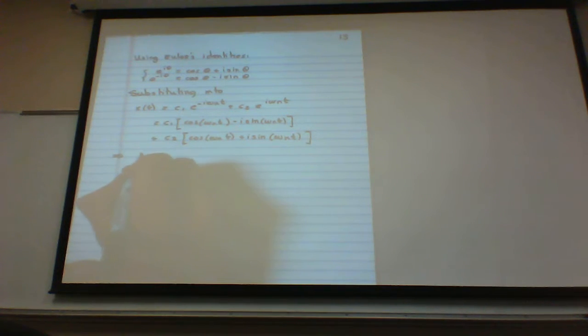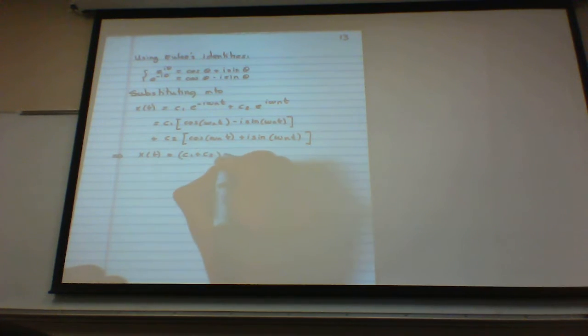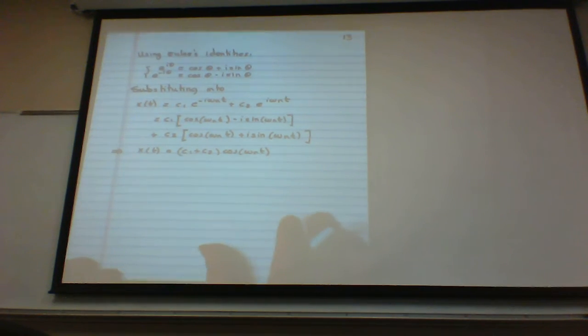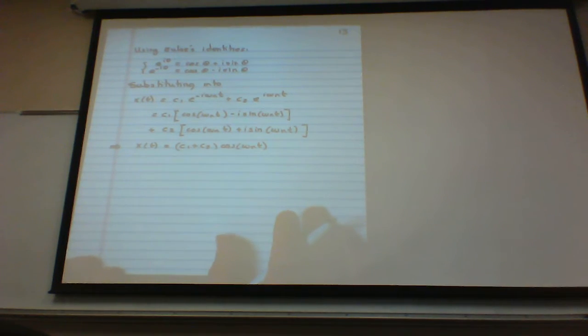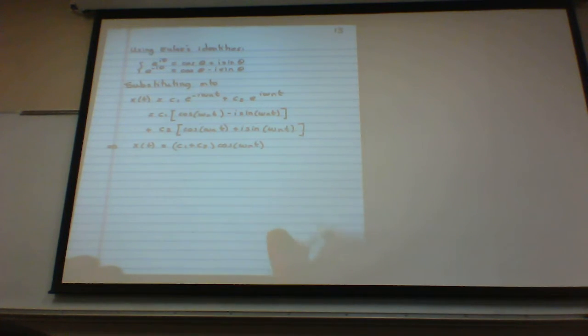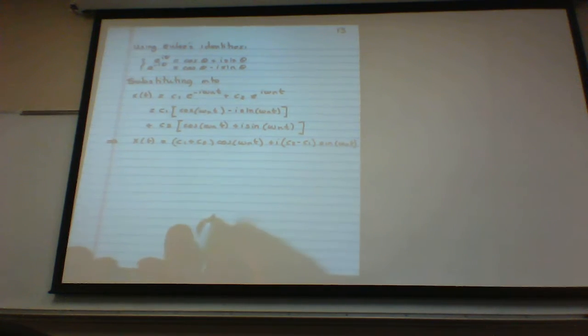Or this will give that x of t, if we factor out the cosine, will be C1 plus C2 times cosine omega n t, and the other one will be plus i, so let's see, it will be C2 minus C1 this time, times sine omega n t.